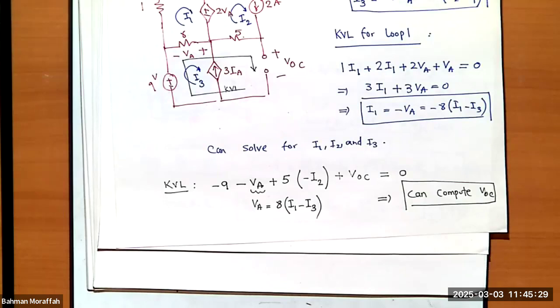See, you can solve for I1, I2, and I3. So you know exactly what those numbers are, right? And as soon as you know what those numbers are, you can plug it in this equation, right, and find the open circuit, right? Let's just say I1 is 1, I2 is 2, I3 is 5, for example, right? So you know all those numbers, you can plug it in here, and you can compute the open circuit. Yes.